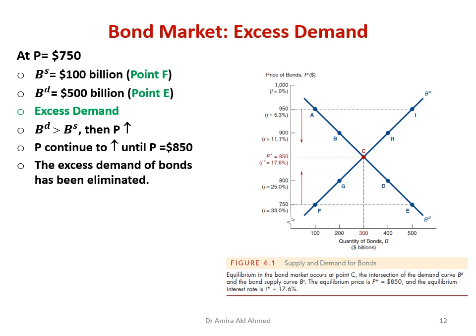This increase in price will stop only when the price has reached the equilibrium price of $850. At this price, the excess demand of bonds has been eliminated.